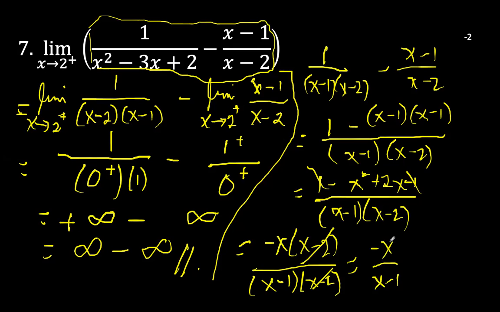There we go. So we already simplified the function, and it becomes negative x over x minus 1. So we're going to find the limit of this. The limit of negative x over x minus 1 as x approaches 2 from the right.